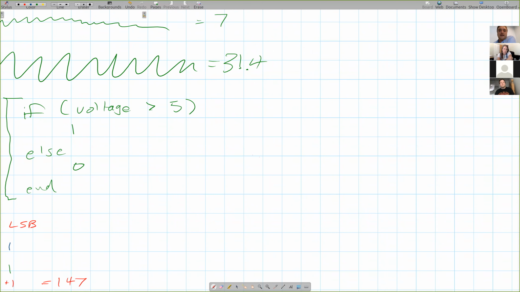Think of it almost like Morse code, where I go 5 volts, 5 volts, less than 5 volts, less than 5 volts, 5 volts, less than 5, less than 5, 5 volts.